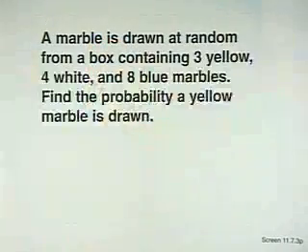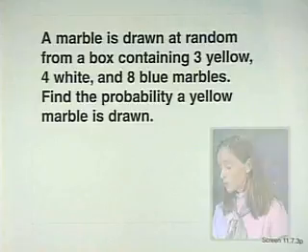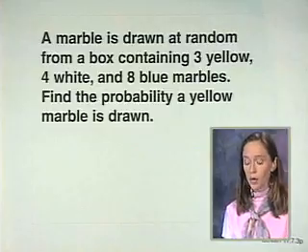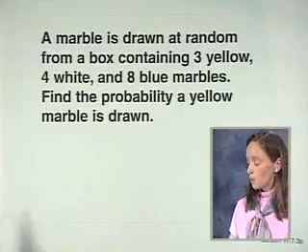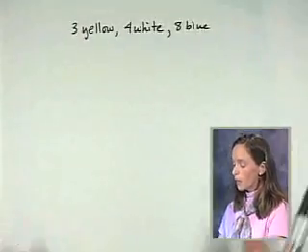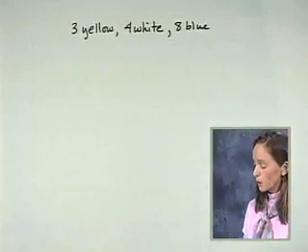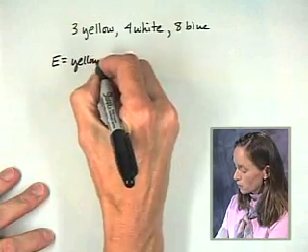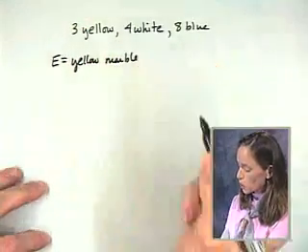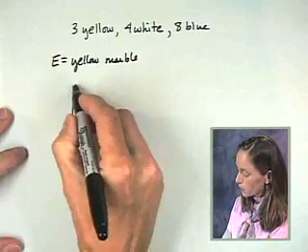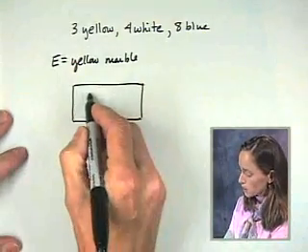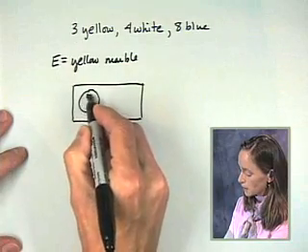Let's look at an experiment and use a Venn diagram. A marble is drawn at random from a box containing 3 yellow and 4 white, as well as 8 blue marbles. Find the probability a yellow marble is drawn. We're going to draw one marble. We have 3 yellow, 4 white, and 8 blue. If we let E be the event that a yellow marble is drawn, a possible Venn diagram for this, where the box represents the experiment, is to put the event E inside.